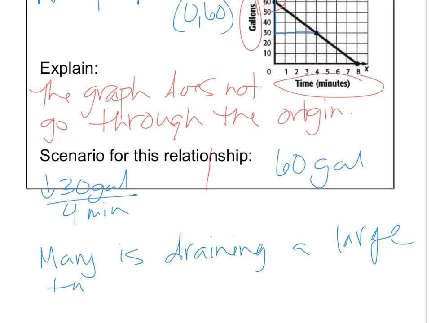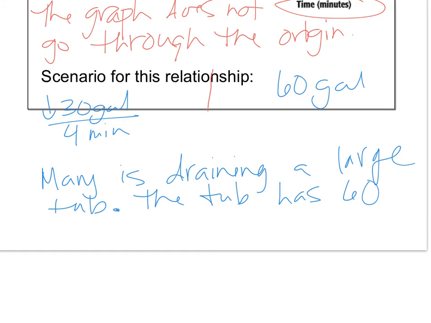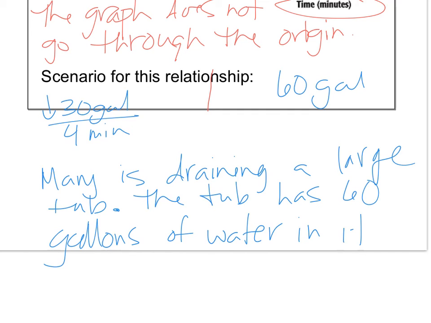Notice I'm describing the situation. The tub has 60 gallons of water in it. Describing my starting point. Need that. That's your y-intercept.